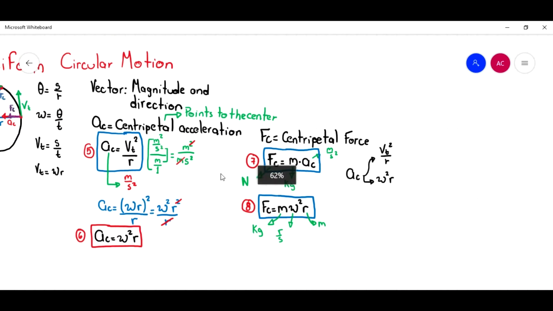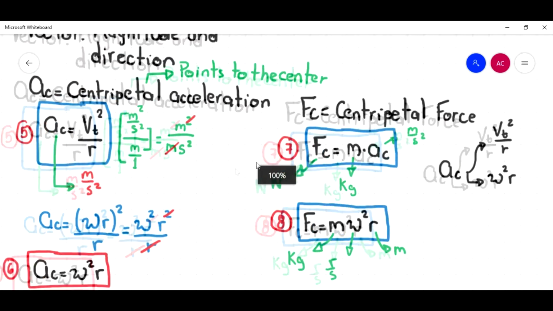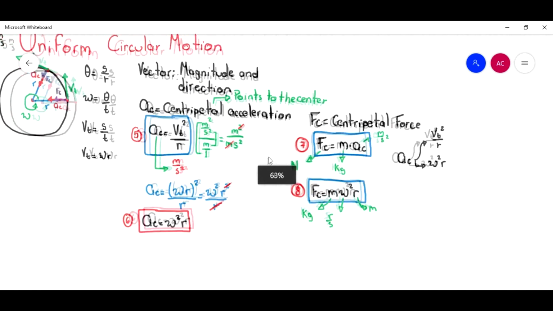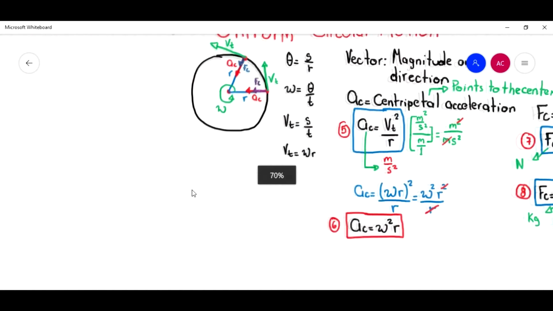So if you remember, I got all the equations just as the equation that I had for linear motion, okay? But before we finish our explanation of uniform circular motion, it is important to mention two more concepts, okay?